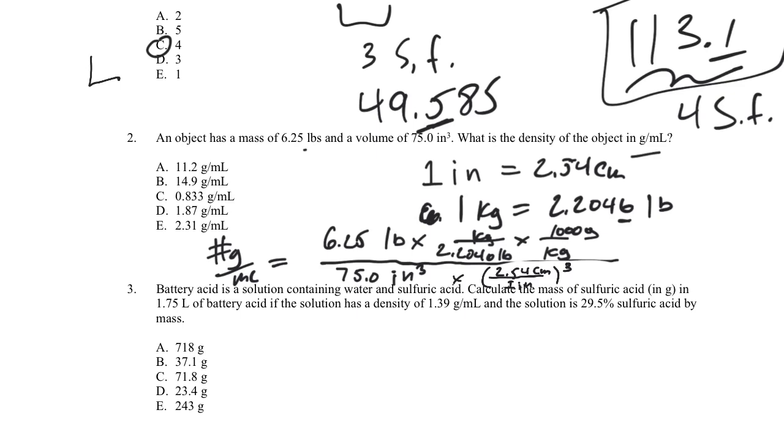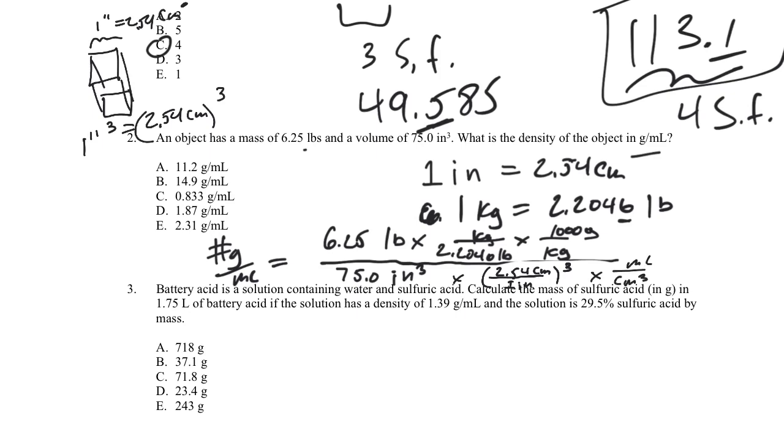Because if you picture a cube that's 1 inch on every side, that's 2.54 centimeters. So 1 inch cubed would be equal to 2.54 centimeters cubed. Okay, so we've got to cube the whole factor, and then obviously a cubic centimeter is a milliliter. So our cubic inches are canceling, our cubic centimeters are canceling, and we end up with milliliters.